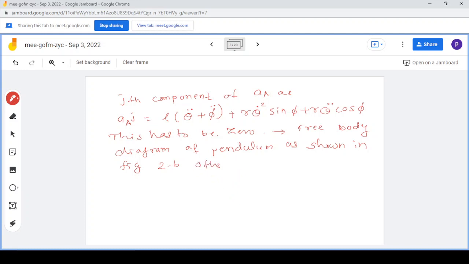Otherwise, what is going to happen? Otherwise, the moment of inertia force minus of m a j about O dash cannot be balanced.